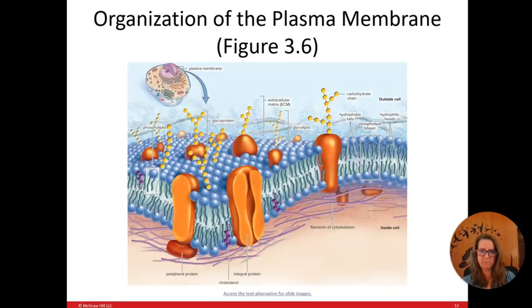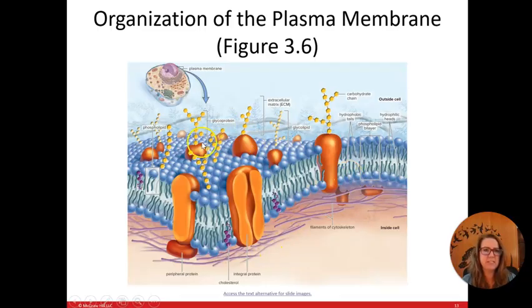And here's a lovely figure. The lipid bilayer here looks kind of funny, but essentially it's a phospholipid layer, and there's two of them. What you have are the lipid tails to the inside because lipids don't like to mix with water. So out here you have your phosphate head. This is showing us outside the cell and inside the cell.